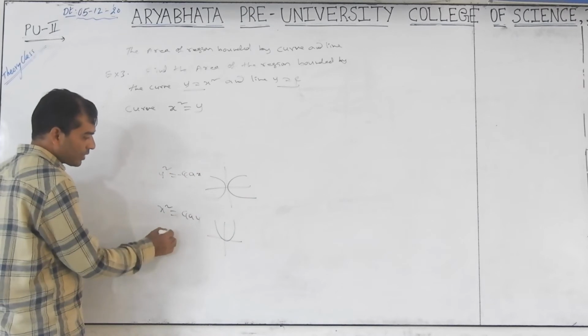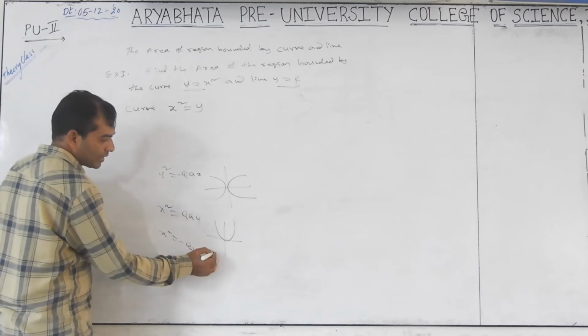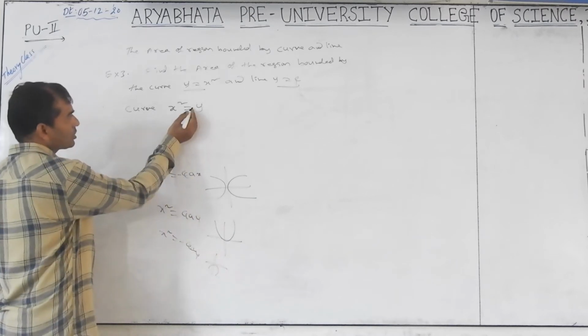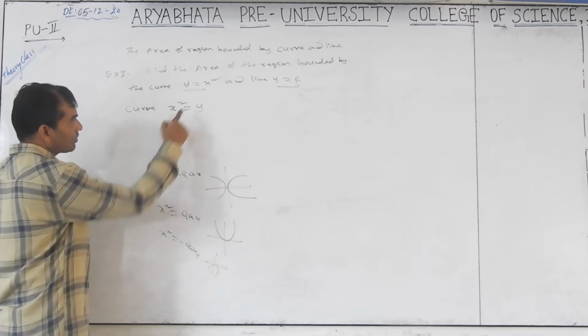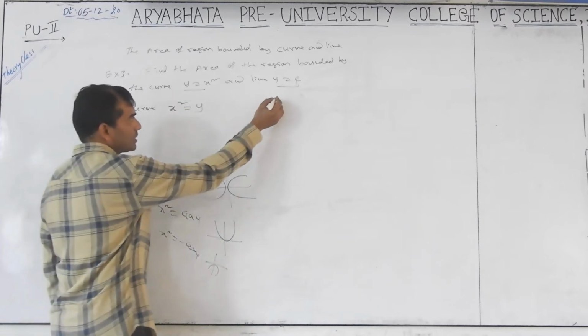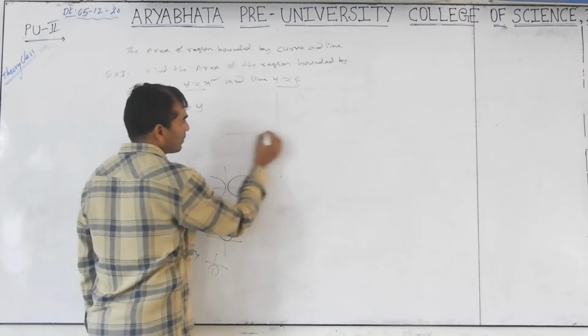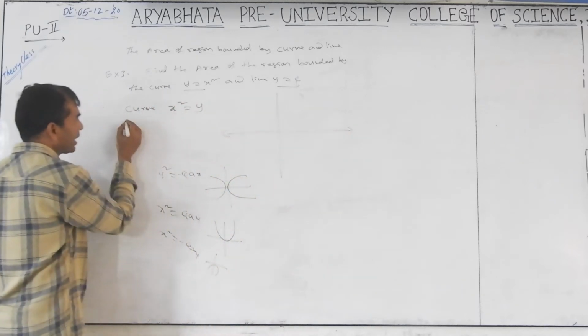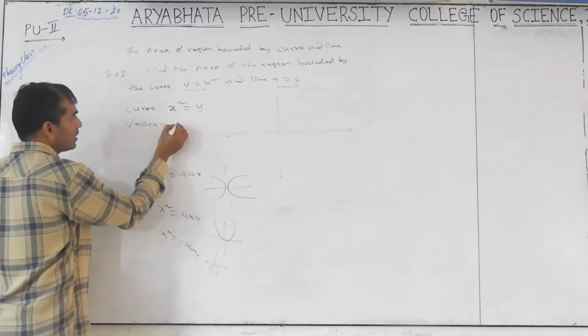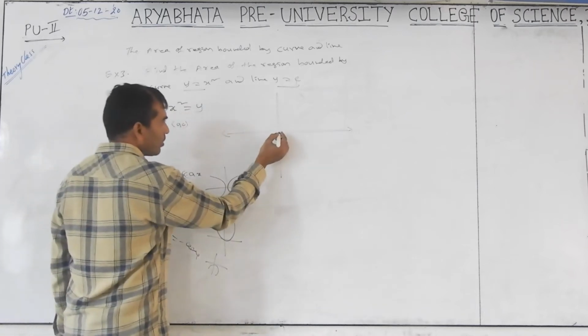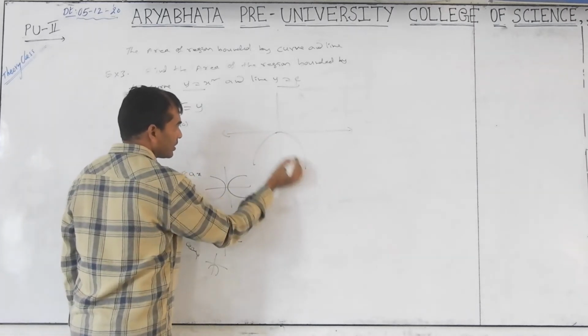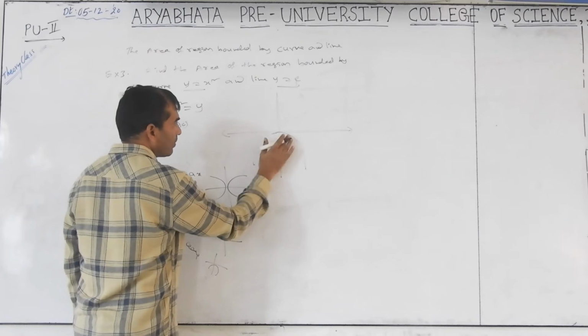If it is x square equal to minus 4ay, it opens downward. Here x square equal to 4a times y is positive. What is the vertex of this parabola? The vertex is 0, 0. This parabola opens upwards.